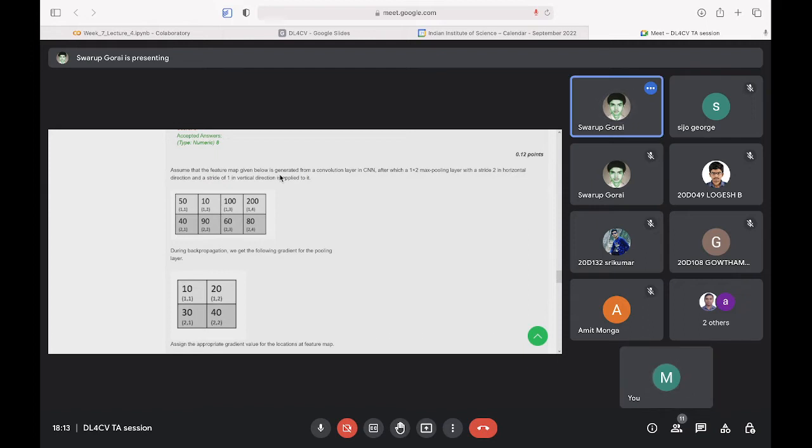With stride 1 in vertical, 40 and 90, I pick 90, and 60 and 80, I pick 80. So 50, 200, 90, 80 is the output of the max pool layer.